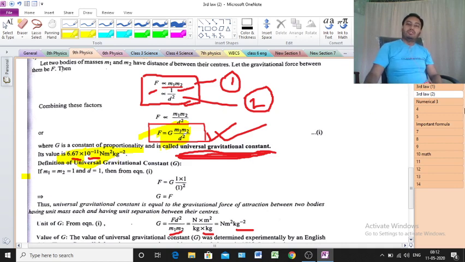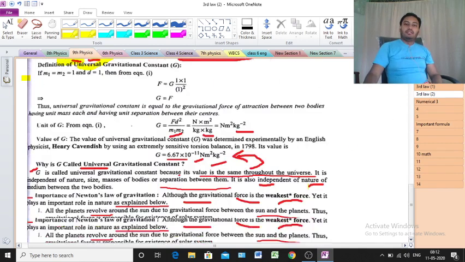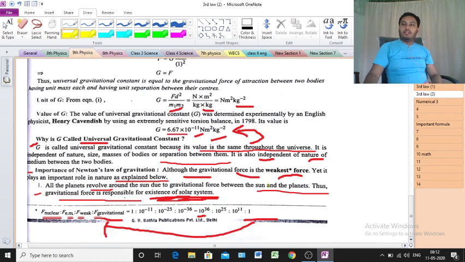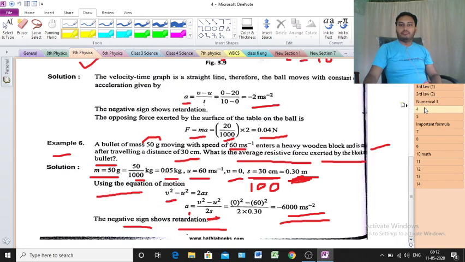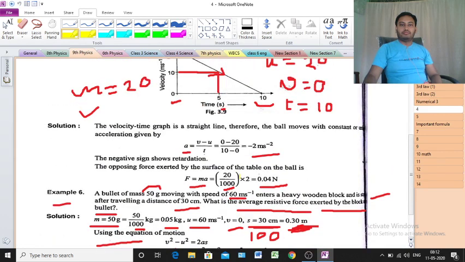Again, what is the relation between capital G and small g?